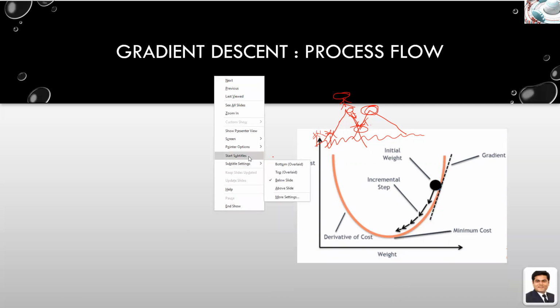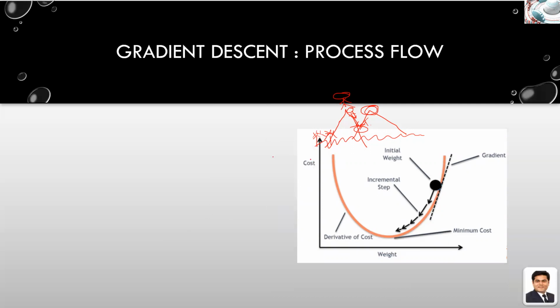Let me give you an idea again. If this is the path, theta is nothing but this: the angle with the slope.